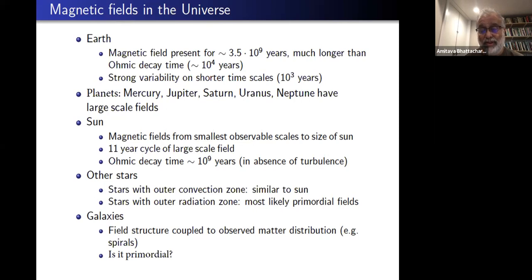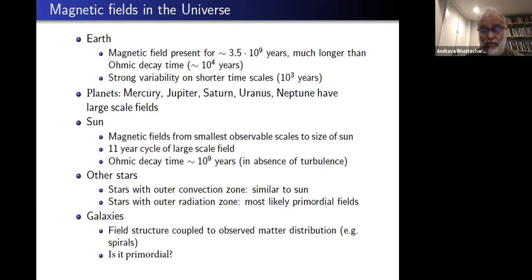That you have these long-lived magnetic fields, some spanning billions of years, and superimposed on this existing magnetic field, an 11-year cycle of the large-scale field for the sun. Beautiful in its regularity, and as yet not completely understood. The ohmic decay time, if you neglect the effect of turbulence, is 10 to the power 9 years. So that's significant, but the magnetic fields are actually present for much longer. Once again, you need a mechanism.